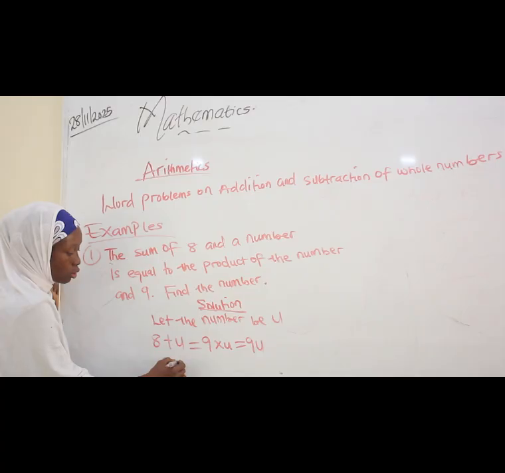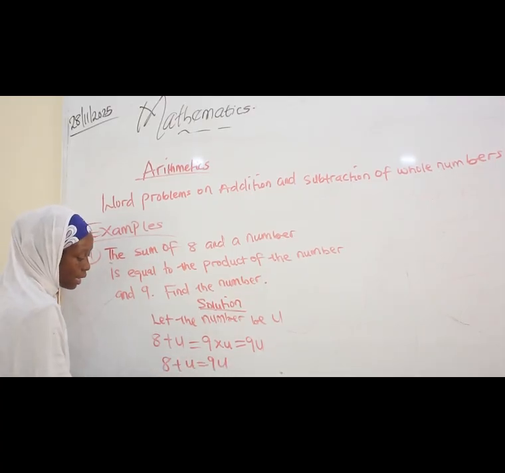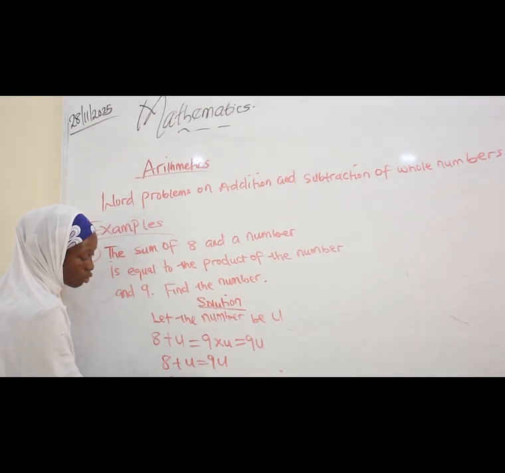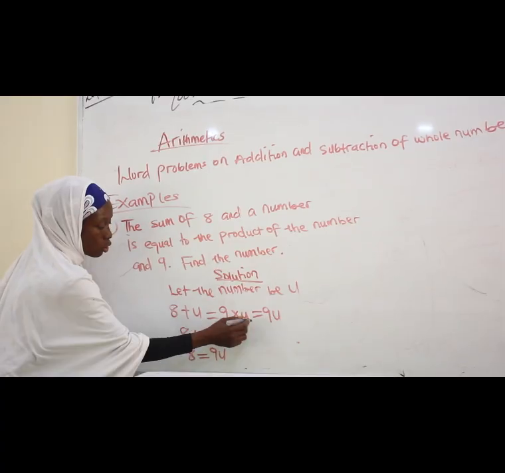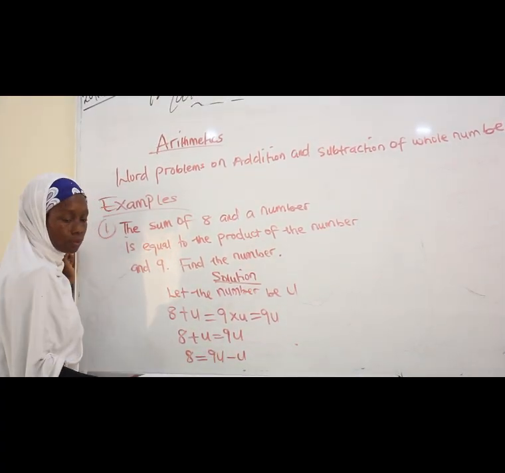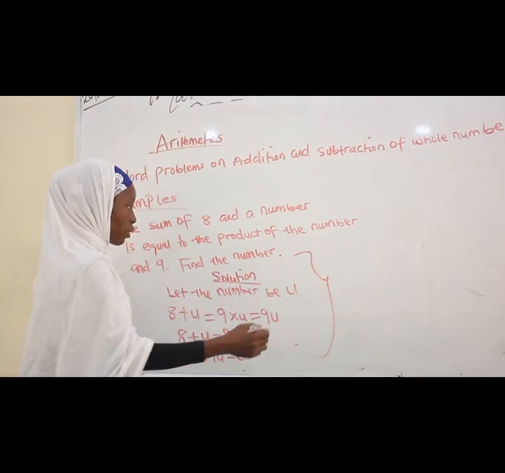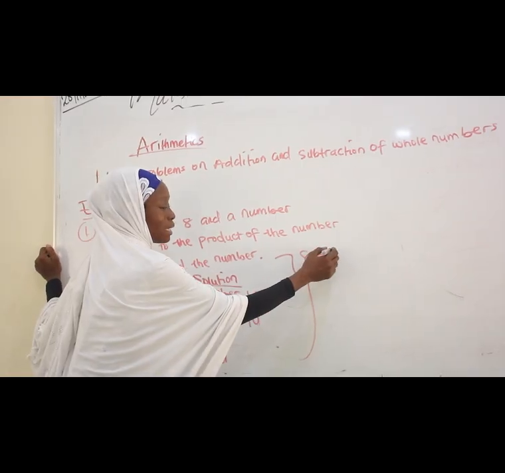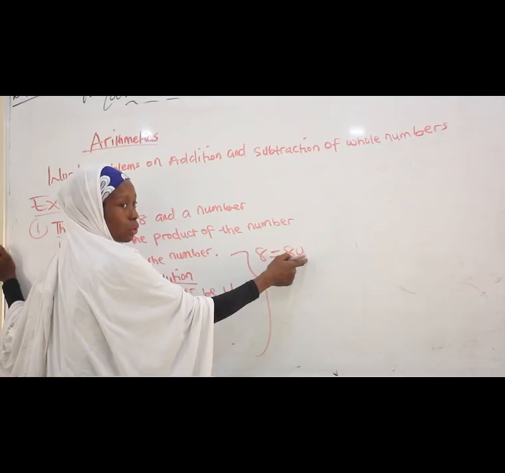So 8 plus U is equal to 9U. This U is going to cross the equality sign, so we are going to have minus U. 8 will now be equal to 9U minus U, which is going to give us 8U.